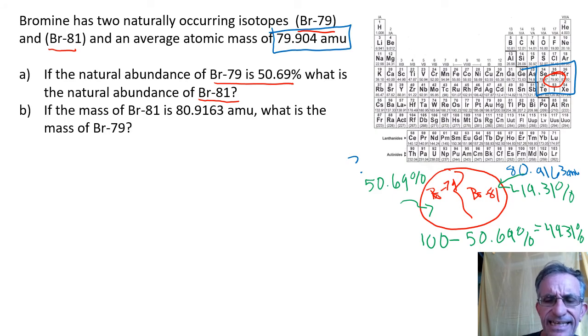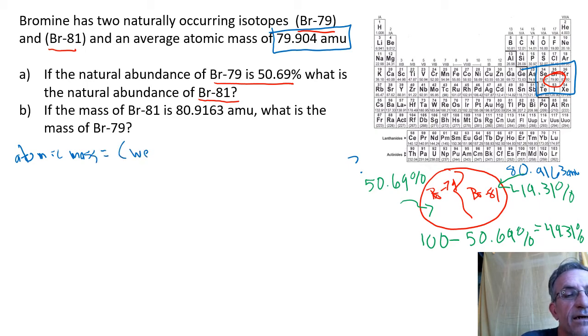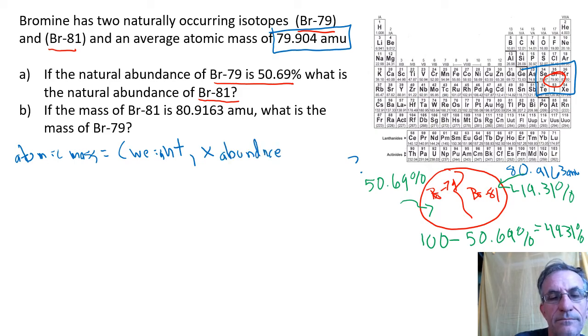It says the average mass, the atomic mass, we could say, of an element is just the weight of isotope 1, and instead of saying isotope 1, I'm just going to say weight 1, times its abundance, plus the weight of isotope 2 times its abundance.